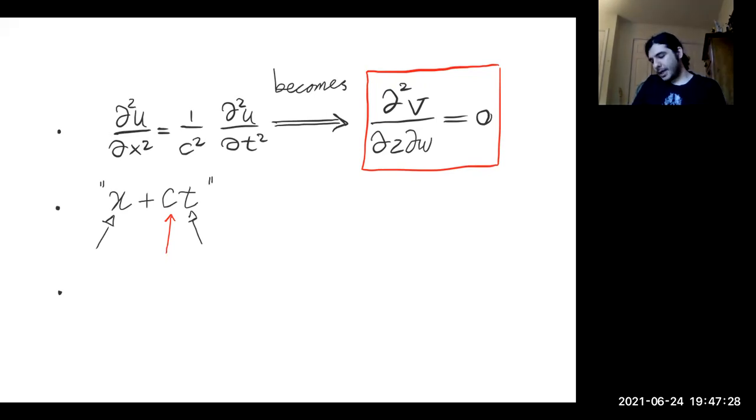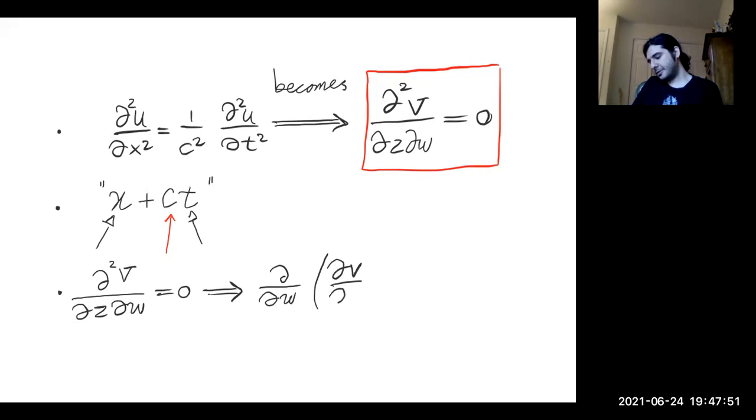So we have this second derivative of v with respect to z and w equal to 0. We can write the second derivative as the derivative with respect to, say, z. Well, let's take w out. I have the derivative of v with respect to z, and its derivative with respect to w is 0.